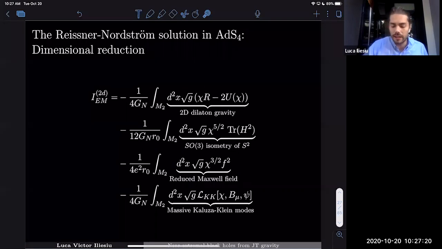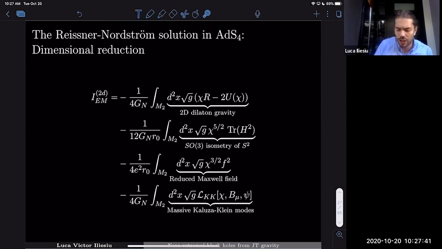So in these 3 terms, I capture the contribution to the 2D action of all the massless Kaluza-Klein modes, namely the spherically symmetric S wave of the metric, the SO(3) gauge field, and the S wave of the field strength.